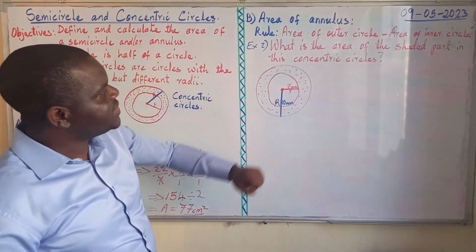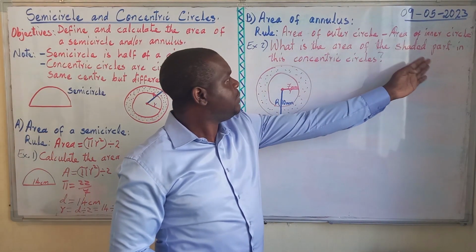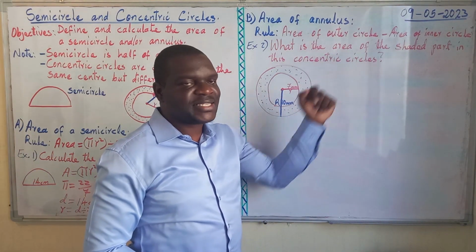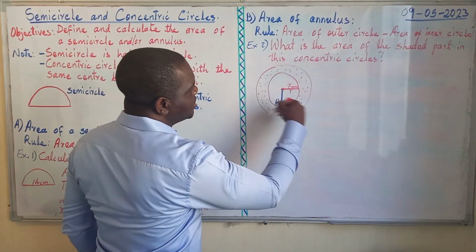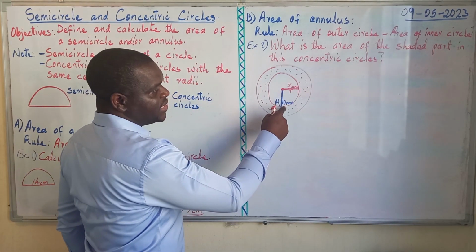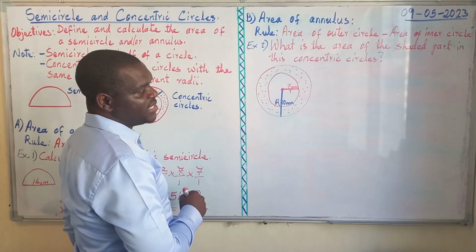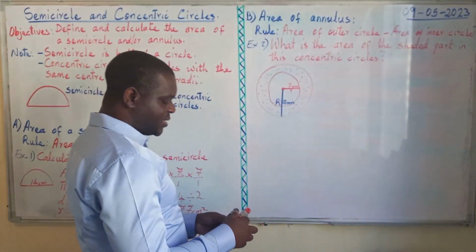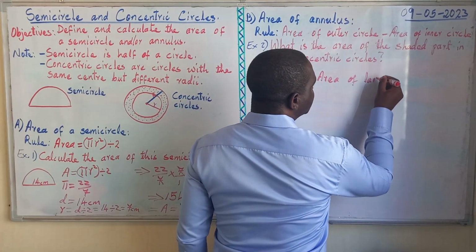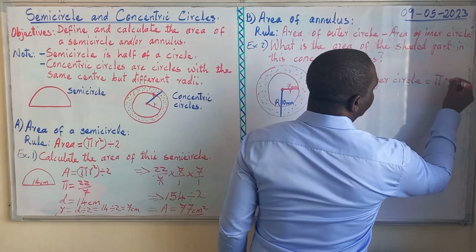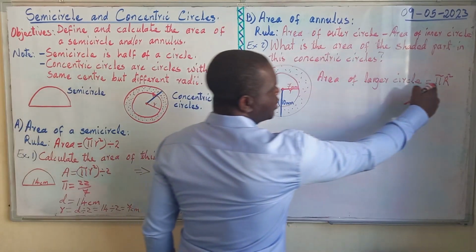The example states, what is the area of the shaded part in these concentric circles? Now the outer circle has a radius of 10 millimeters and the inner circle has its radius as 7 millimeters. So let's start with the larger circle. Area of larger circle is equal to pi r squared. Let's substitute.